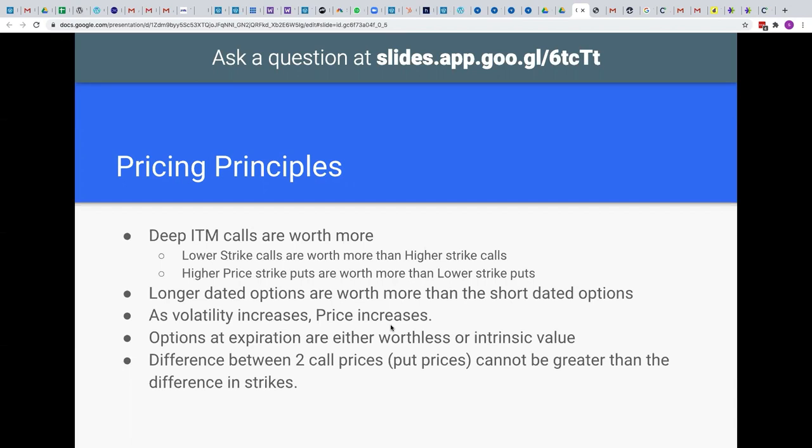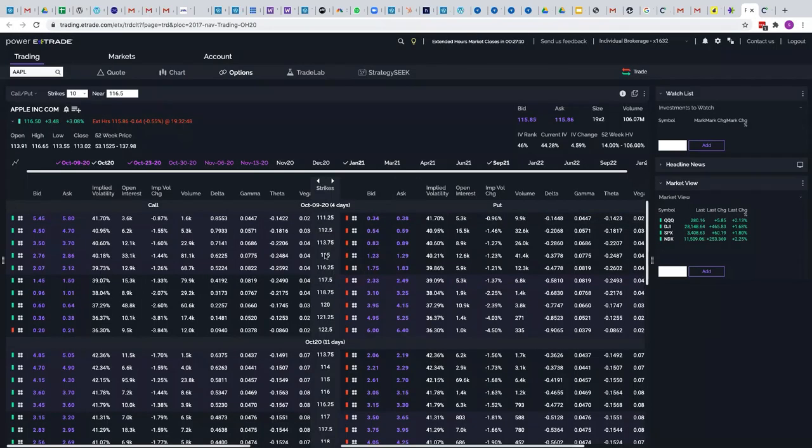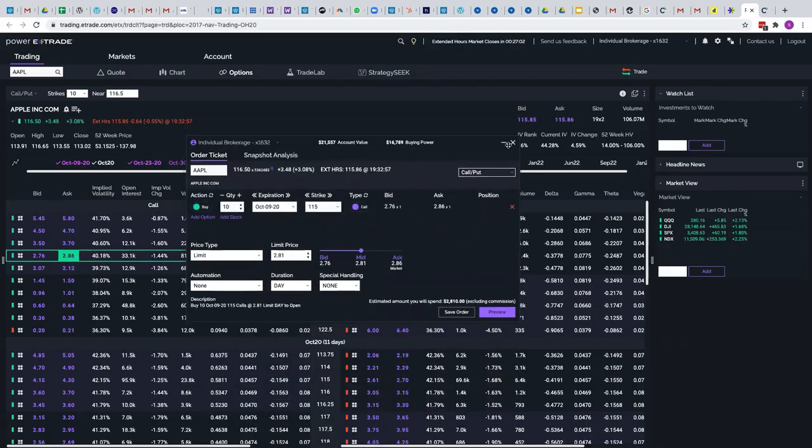And finally, this is very important, guys. The difference between two call prices or put prices cannot be greater than the difference in strikes. Let's look at that. Let's say you have this 115 and you have this 120. 115 is what, 2.86? Oh, I'm sorry.